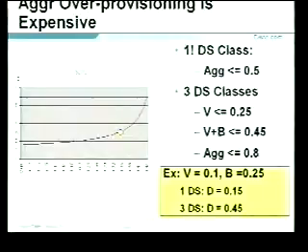If you are in a three class scheme and you do the capacity management on a per class of service basis, you see that you can add 45% of internet on this link. So 3 times more bandwidth in the DiffServ case with 3 classes than in the DiffServ case with 1 class. So that's the economical benefit.